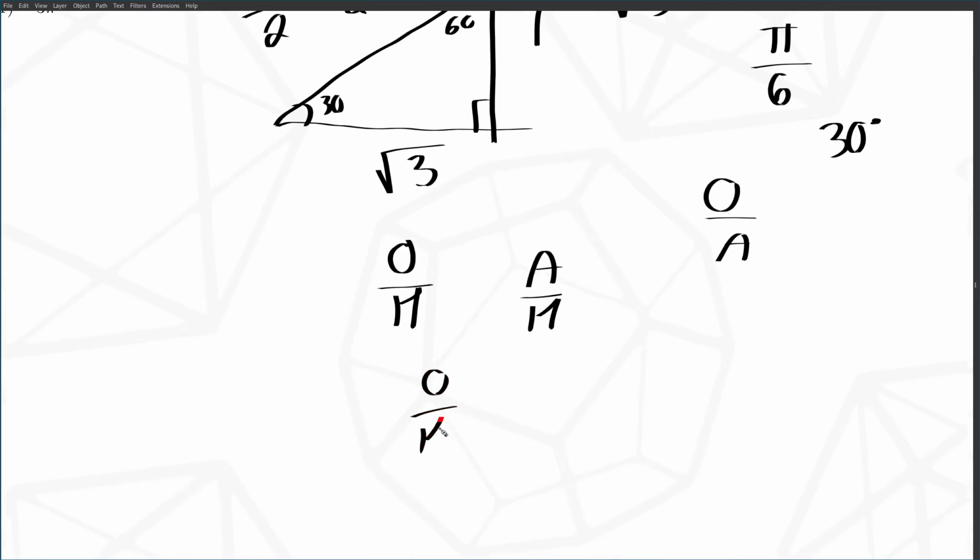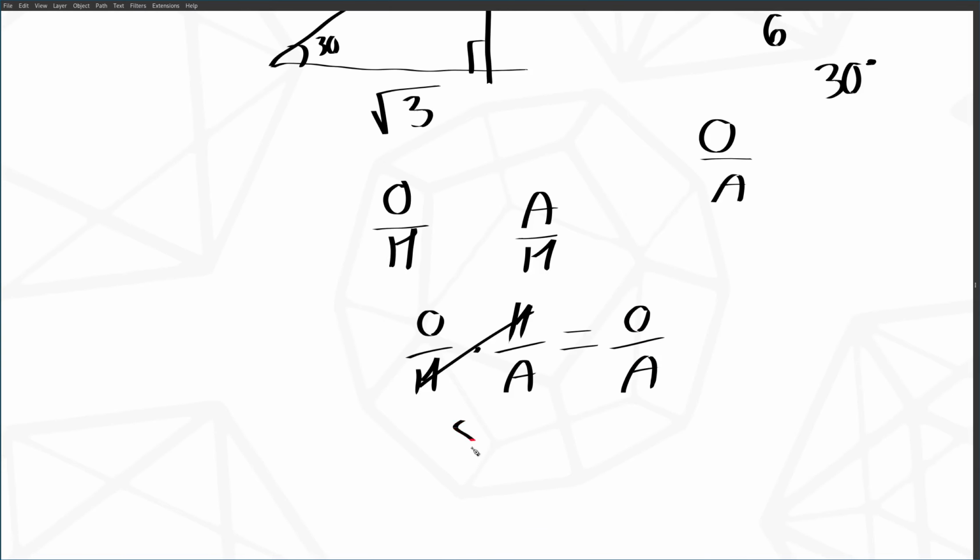So o over h divided by a over h is equal to o over a, since the h's cancel. So that means that sine of theta divided by cosine of theta is equal to tangent of theta. So when you have messy trig values, and you only have the sine and the cosine, you can just divide them straight across to get tangent.